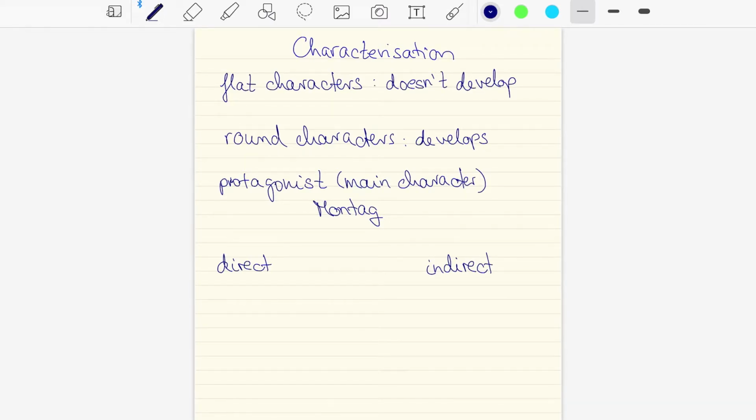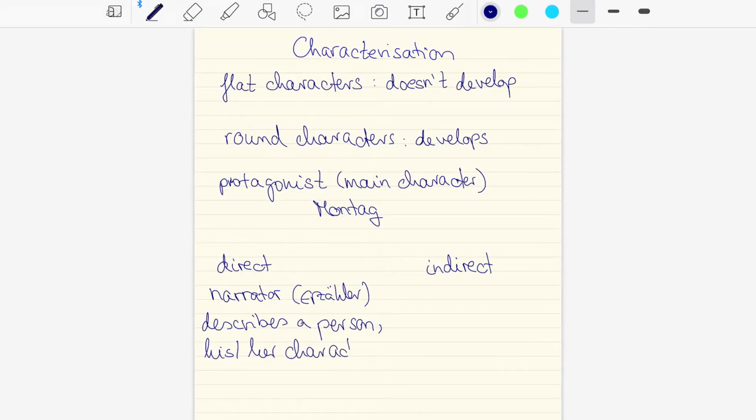Okay, direct characterization means that the narrator, that means Erzähler, the person who tells the story, describes a person, and the narrator describes his or her character traits and explains his or her actions.